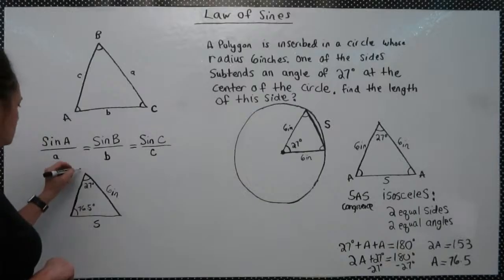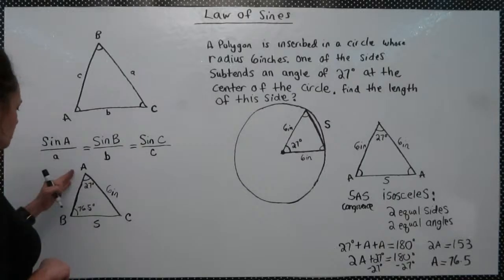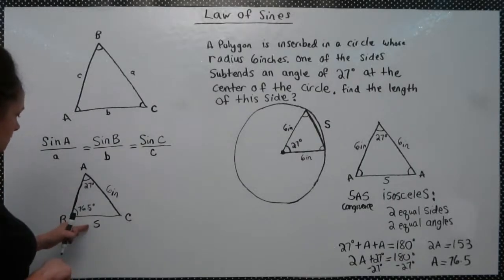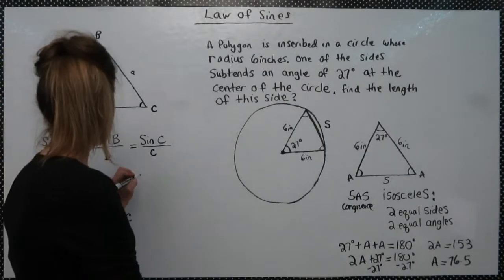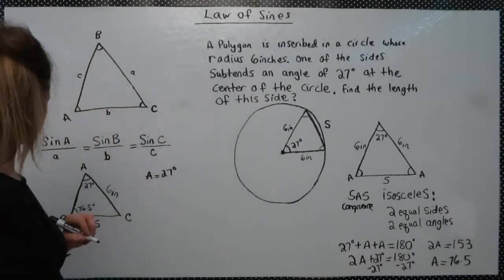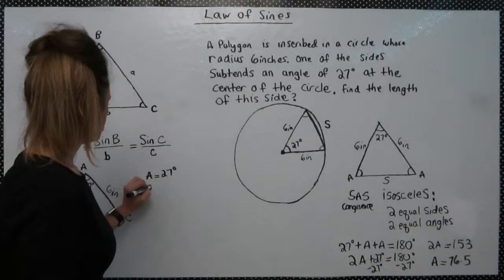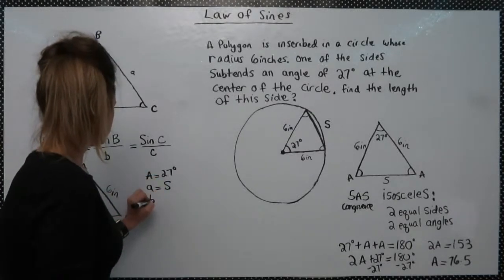So I'll just say this is A, we'll say this is B, and then this one will be C. So we're only using A and B. So this becomes side length A, and this one's going to become side length B in this form. So you just fill it in. So A equal 27 degrees. And then little a is S, and little b is 6.